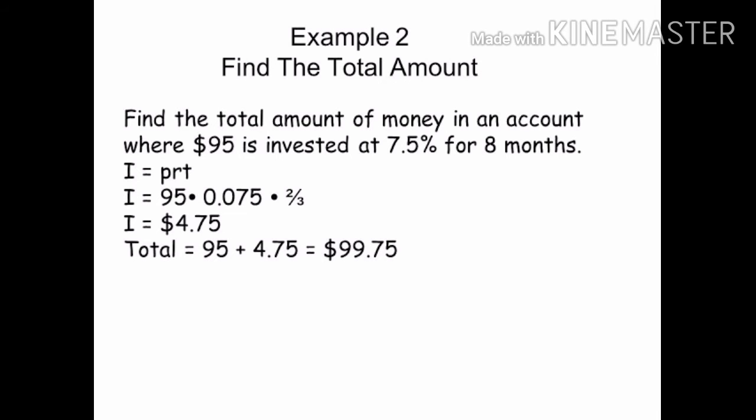Example number 2. Find the total amount of money in an account where $95 is invested at 7.5% for 8 months. So I equals PRT, which is $95, our principal, times 0.075 because it is 7.5%, times 2/3 because 8 months is written as a fraction of a year. So I is equal to $4.75.